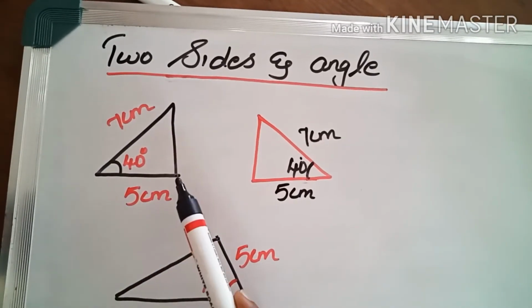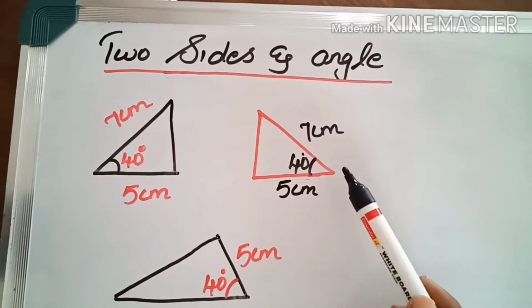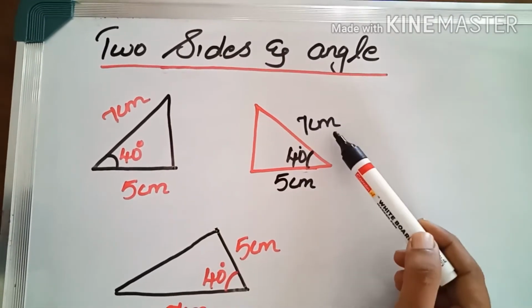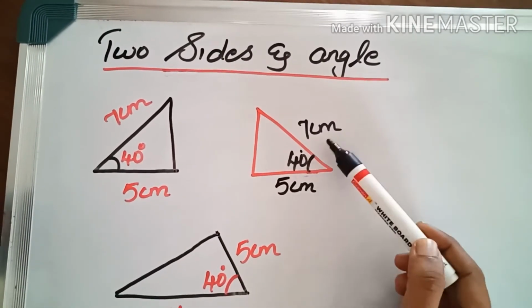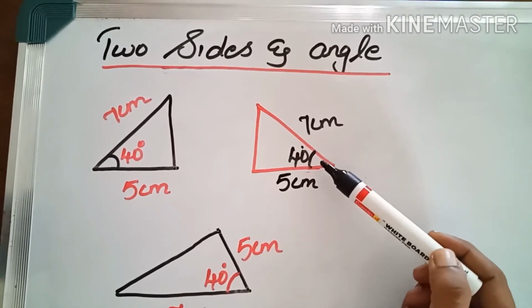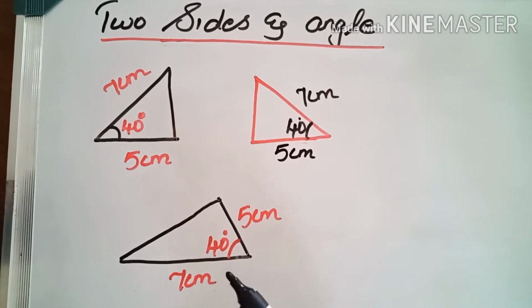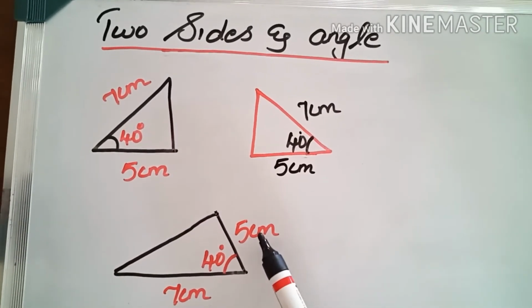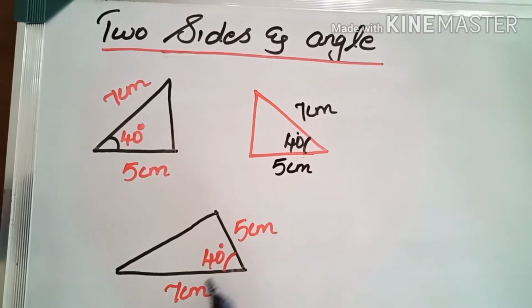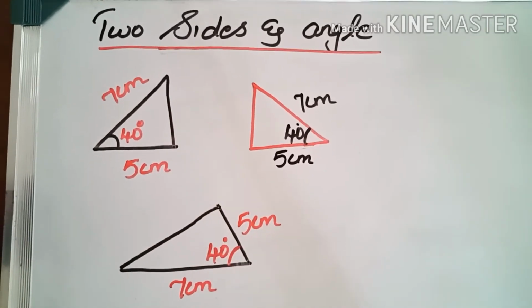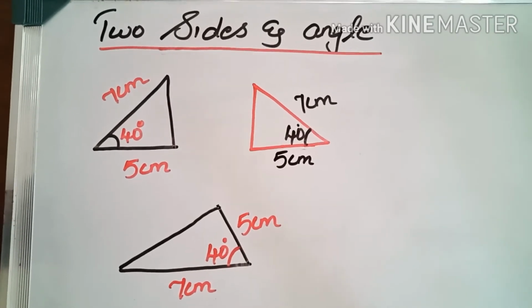This is the first triangle. Now check the second triangle. Here also one side 5 centimeter, next side 7 centimeter, angle between them 40 degree. Now for the third figure also, one side 7 centimeter, next side 5 centimeter, angle between them 40 degree.